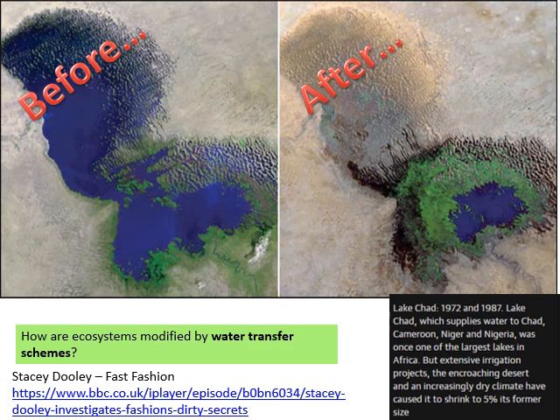They've created a situation where they are using far more water than is being replenished, than is being recharged, which obviously is completely unsustainable. And you can just see how small that lake now is. It's actually shrunk to 5% of its former size because of the actions of humans.